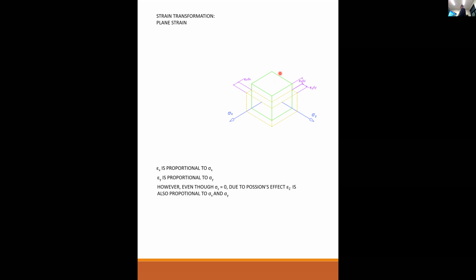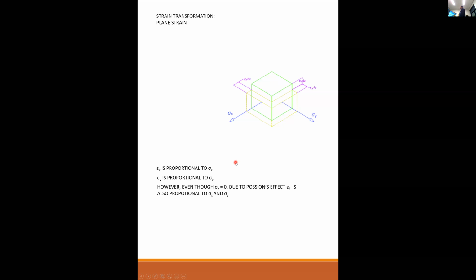So even though I'm not putting any stress in the z direction, due to Poisson's effect, epsilon z is also proportional to sigma x and sigma y. So in other words, you see this element here? Assuming this is tension and this is tension, the height of the element is going to be reduced by an epsilon z dz.